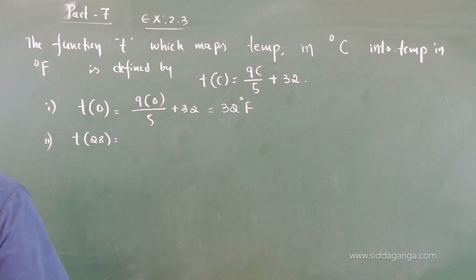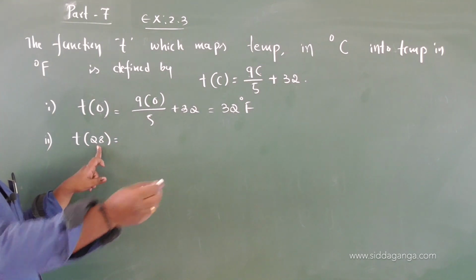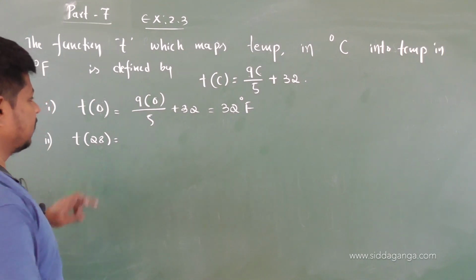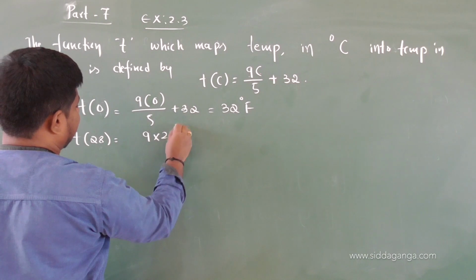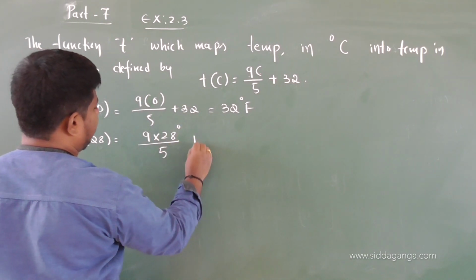Next, T of 28. I mean 28 degree centigrade is equal to what in degree Fahrenheit? Just substitute in place of C: 9 into 28 by 5 plus 32.